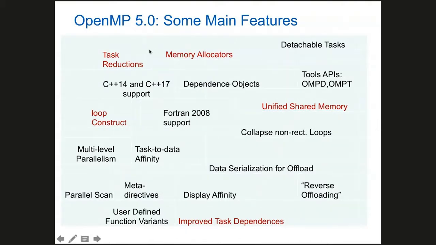Look at the brand new task reduction directive construct. And it has lots of memory allocators, and you can use unified shared memory. And the loop construct lets the compiler automatically choose the best way during compile time, and they have lots of new features.